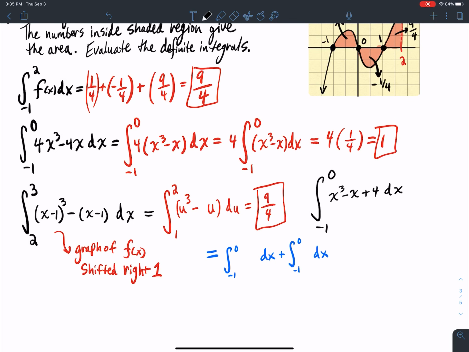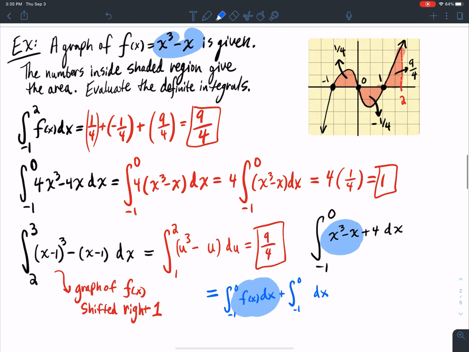So the first integral, my f of x, is this part right here. That's my f of x. The second integral is my 4 right there, okay?